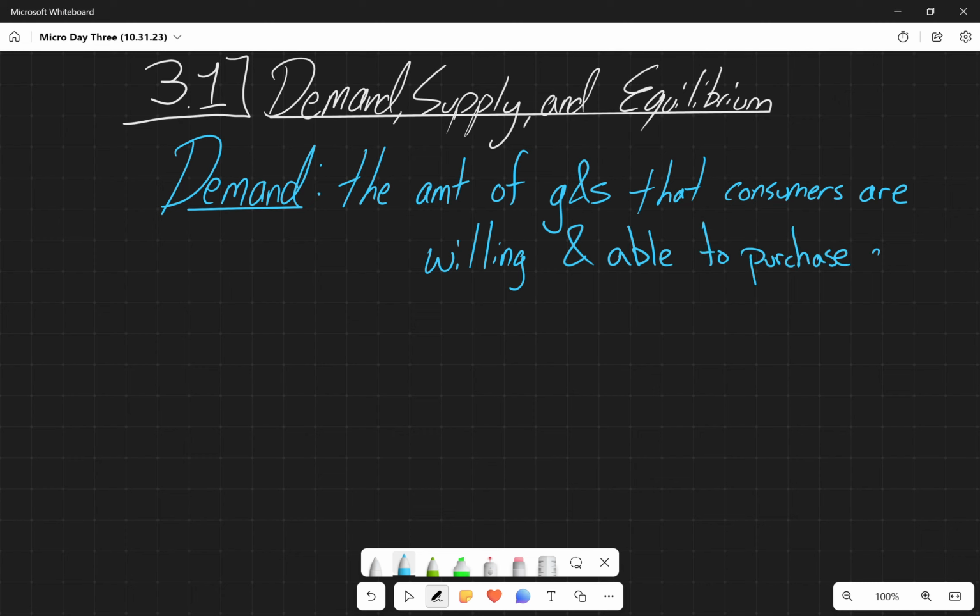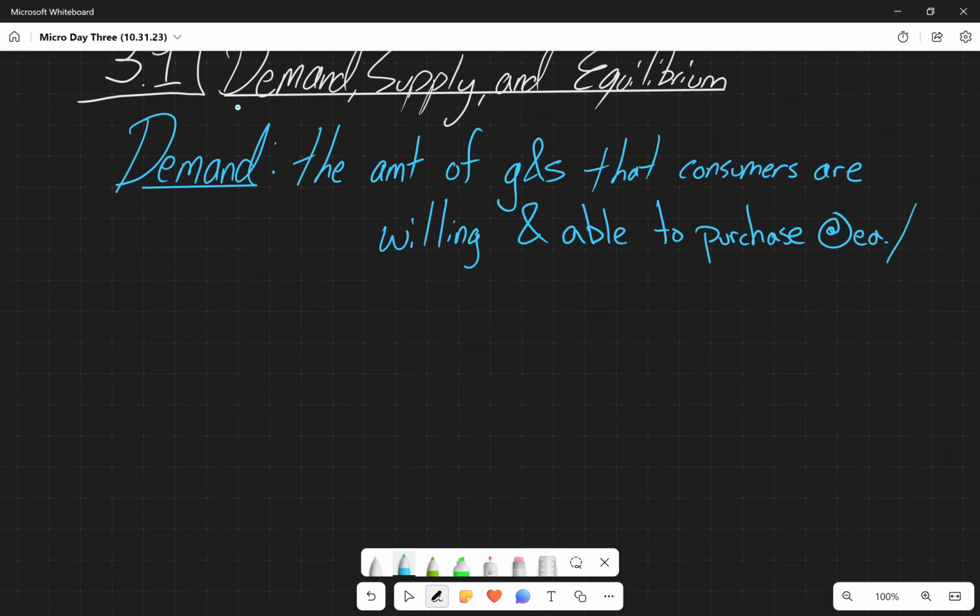And this is going to be at each, or the other way we can think about it is at each or at a given price. And the price we know is just what you actually pay, right? You go to the store, DVD costs $10, the price of it is $10.